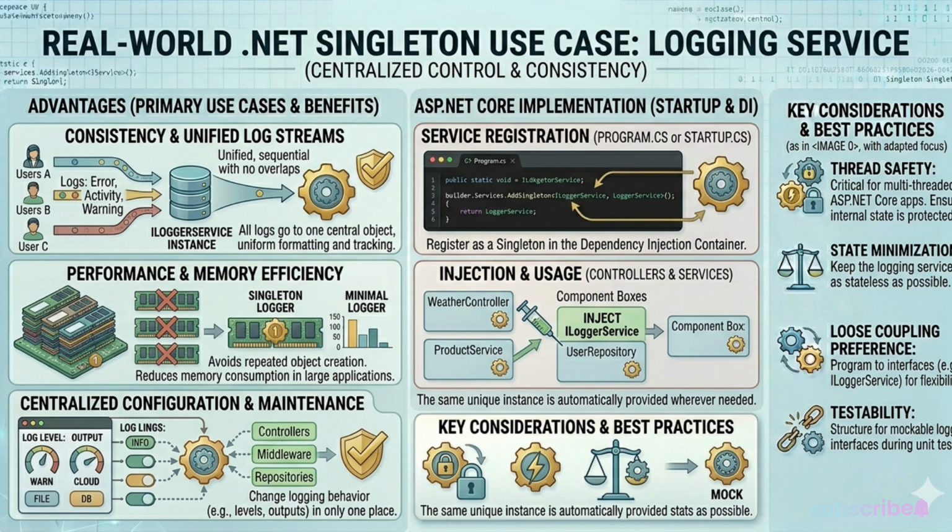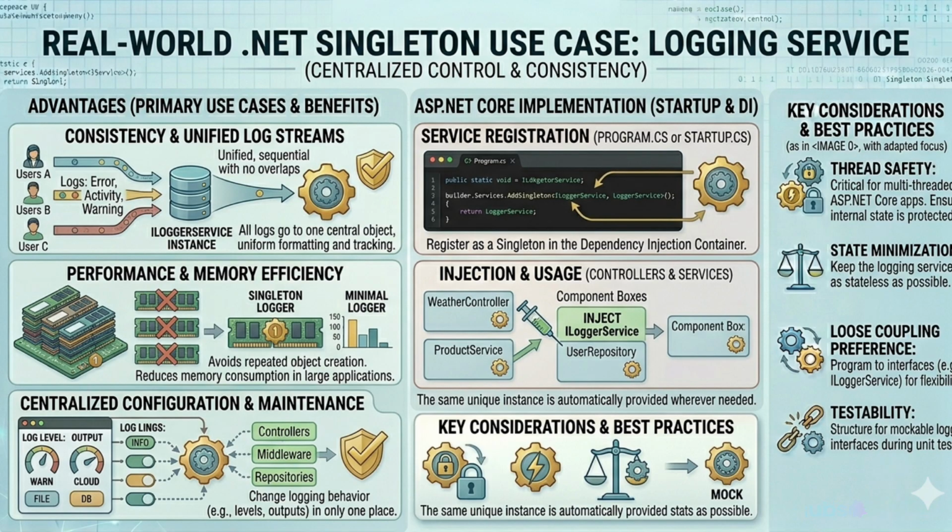Inside the Program.cs or Startup.cs, the service is registered using services.AddSingleton. Once registered, this single instance is injected into controllers and services wherever logging is required. This eliminates the need to manually create instances and ensures that all parts of the application share the same logging mechanism. From a practical perspective, this design improves performance because the application avoids repeatedly creating logger objects.